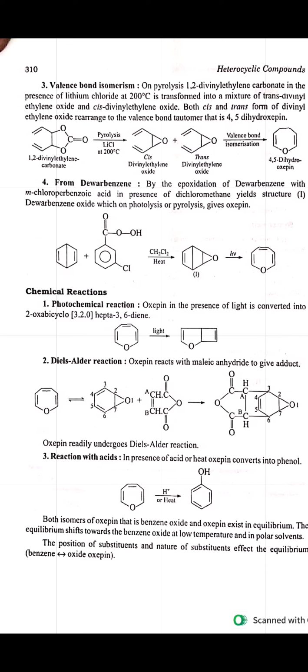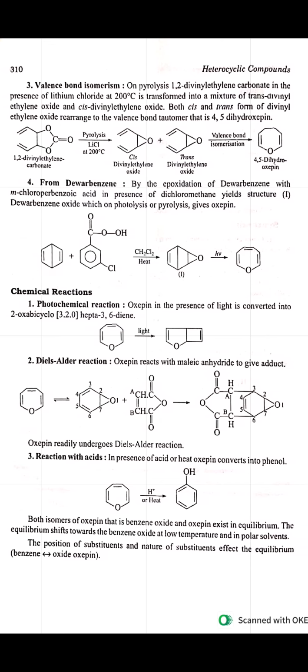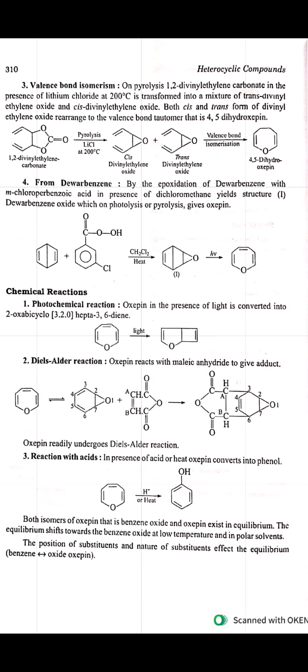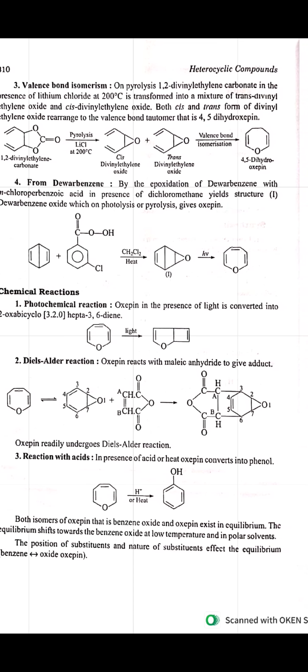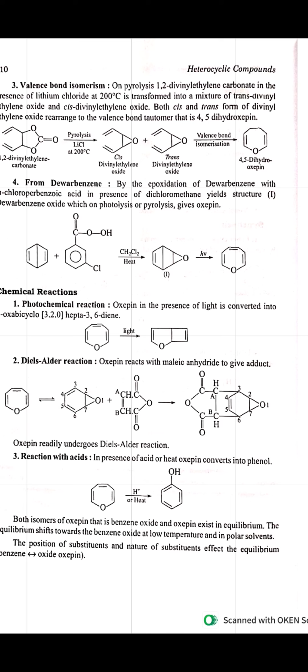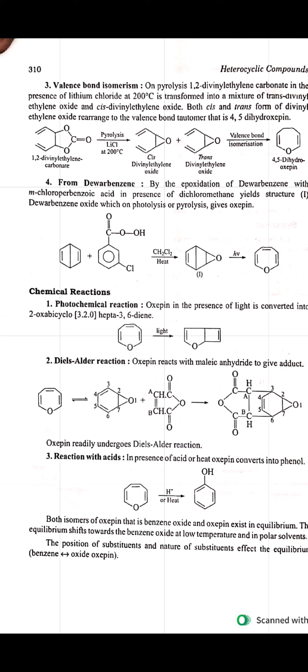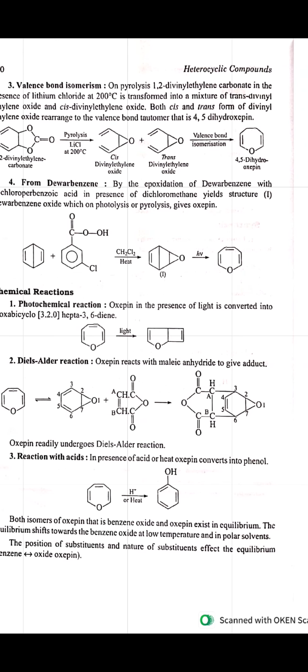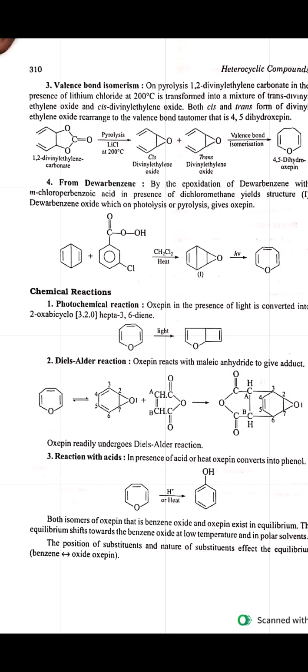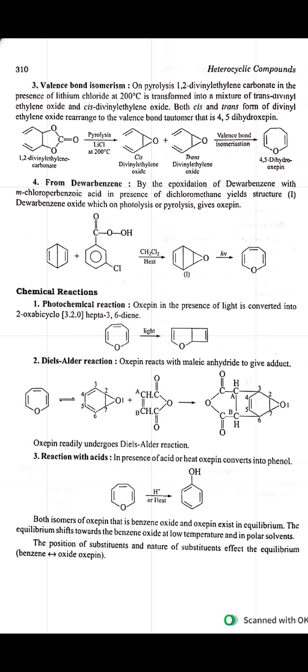So 1,2-divinyl ethylene carbonate treated with pyrolysis gives cis- and trans-divinyl ethylene oxide. Valence bond isomerization gives 4,5-dihydro oxepine.